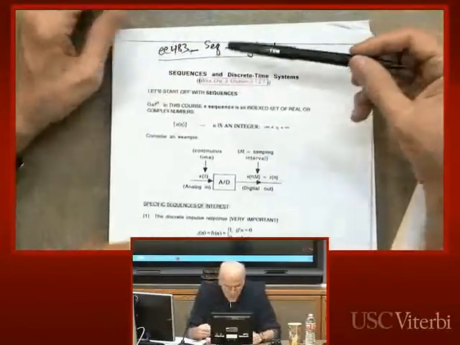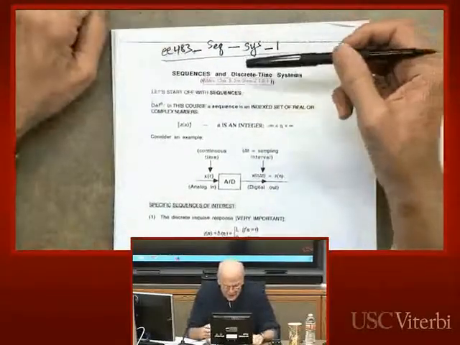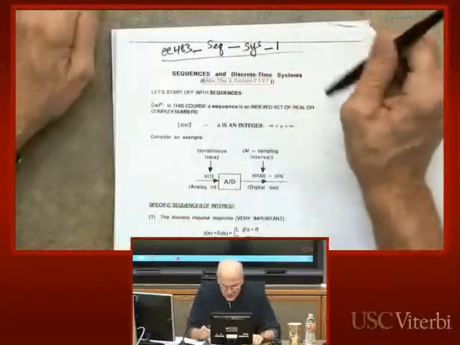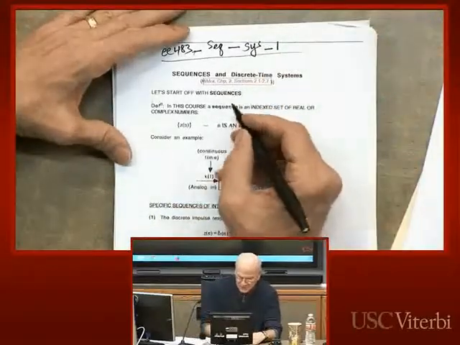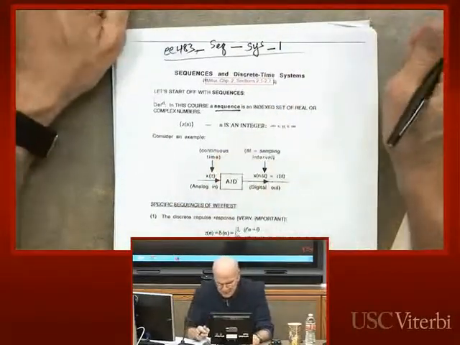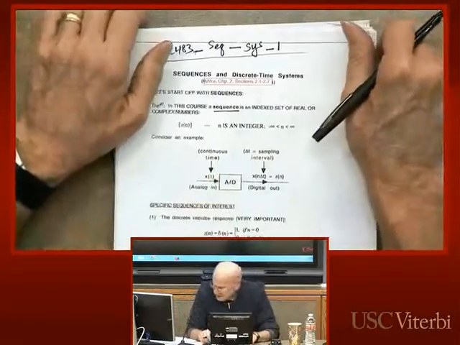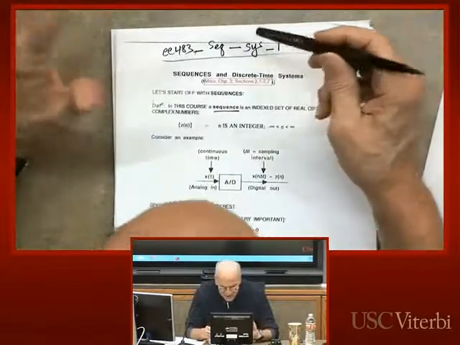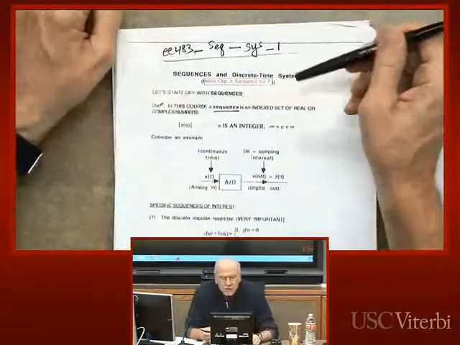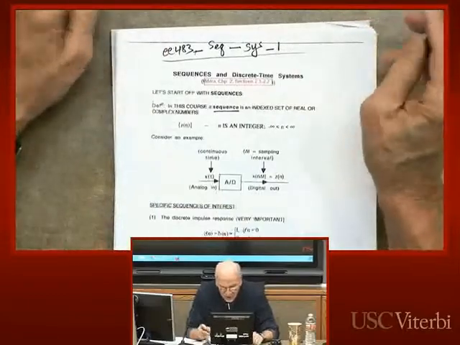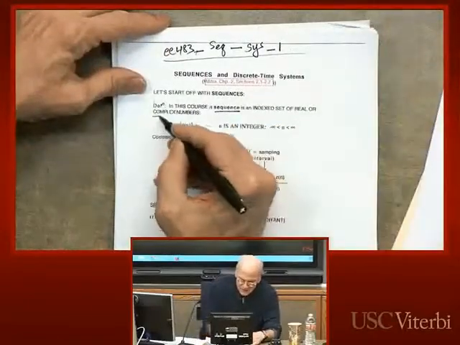So with that in mind, we'll start out with the definition. In this course, we will deal with sequences, time sequences. By a time sequence or a sequence, what I mean is an index set of real or complex numbers. Yes, complex.